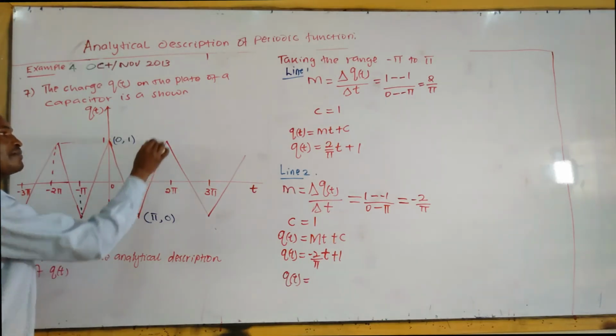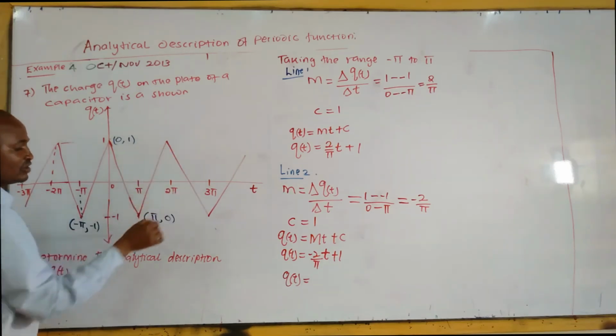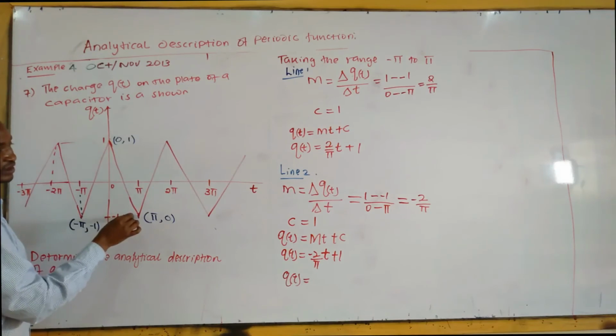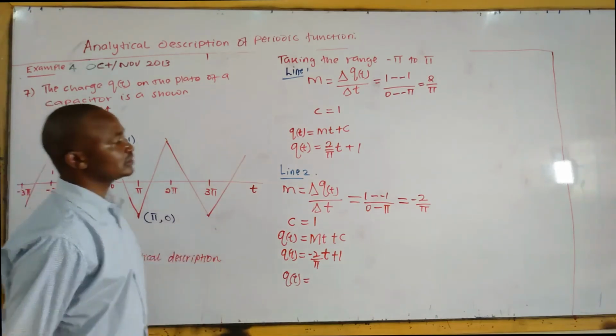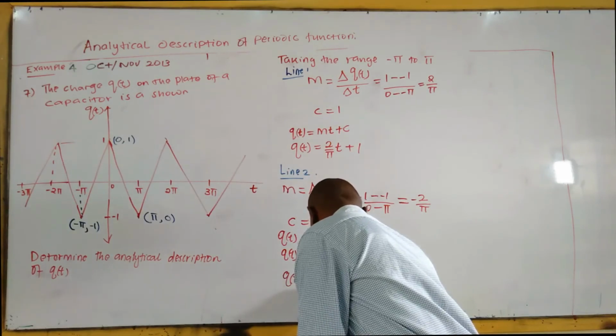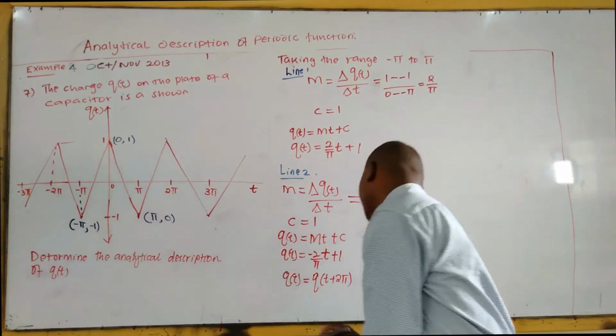Then we go up to begin another period or another cycle. So a cycle is starting at this point and ending at this point. Another one will start at this point and end at this point, and so on. So it is periodic with 2 pi radians.